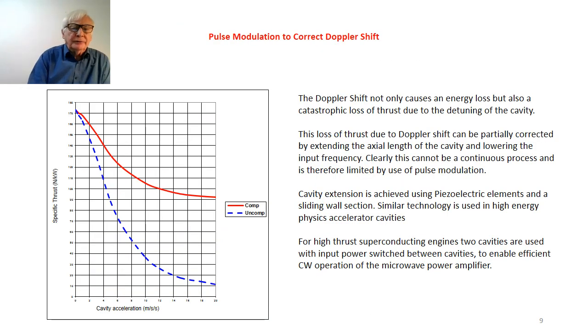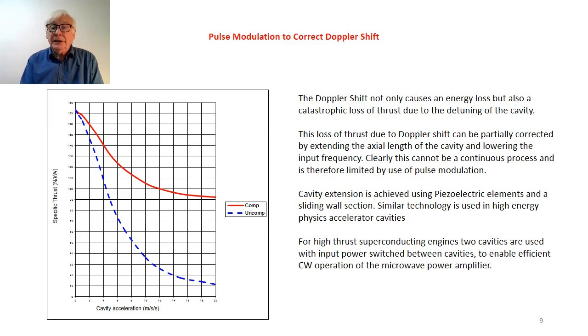The combination of a very high Q cavity and a significant acceleration actually causes a catastrophic loss of thrust due to the Doppler shift. Effectively, the frequency of the travelling wave is lowered so much that it moves outside the bandwidth of the cavity.